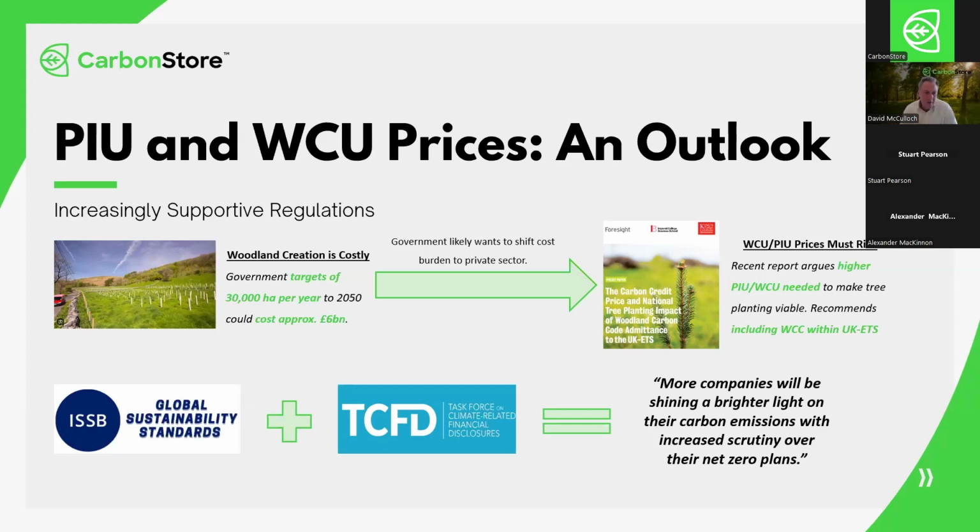Finally, I mentioned earlier the EU's Corporate Sustainability Reporting Directive. And starting in 2025, it will mandate that businesses have a Paris Agreement aligned emissions reduction plan to reach net zero by 2050. The CSRD has taken its cue from the International Sustainability Standards Board and the Task Force on Climate-Related Financial Disclosures, to which the UK is fully committed.